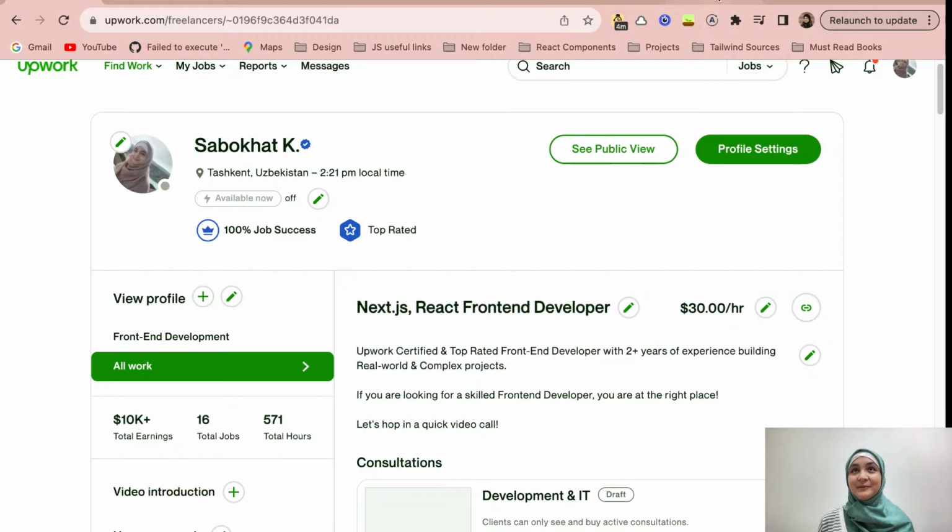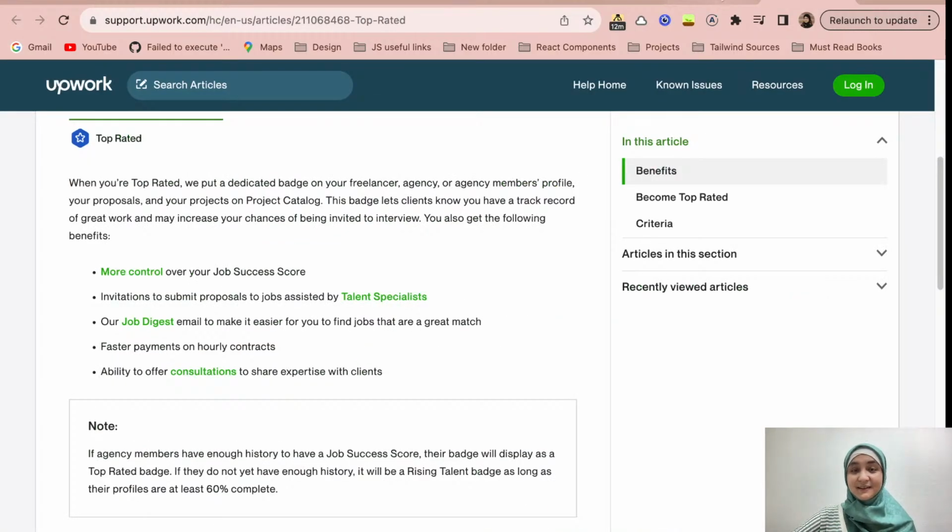So if you are really bad, you can remove one, but you cannot remove the next reviews. If you have 20 jobs and 2 of them are bad, you can remove them. But if you have 20 and 10 of them are bad reviews, you can only remove 2, and the other 8 will stay on your profile and affect your job success score.